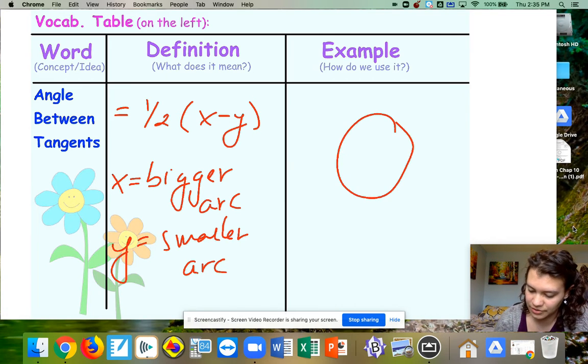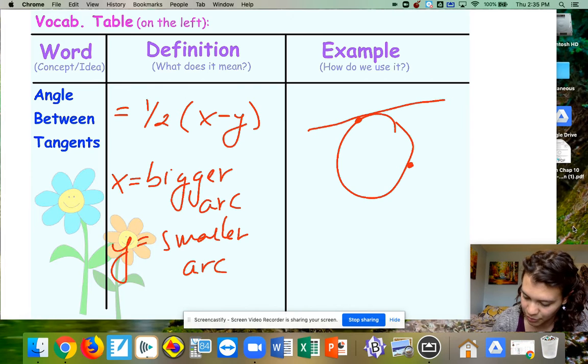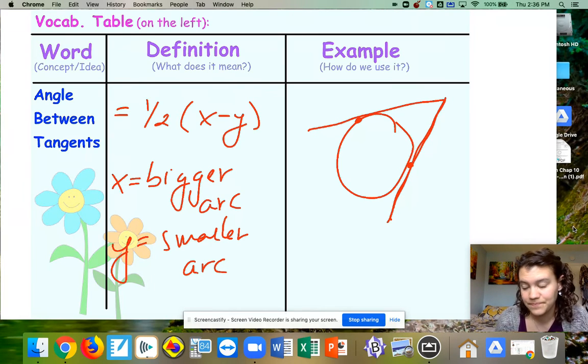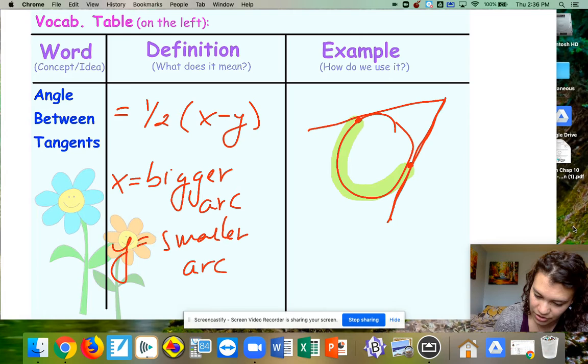So if I draw a circle and draw a tangent, here's the point it's going to go through, here's the point it's going to go through. We have our two tangents. This bigger arc here is going to be your x, and then the smaller one is going to be your y.